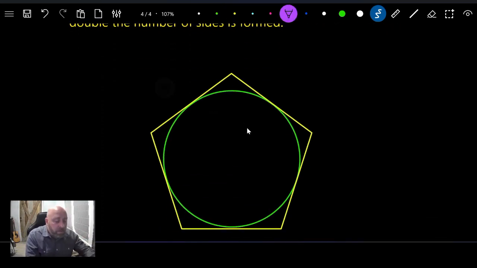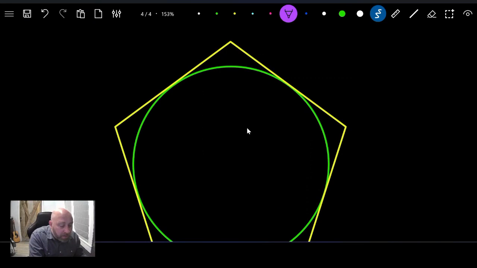Well, here's what it means. If we do the same thing here, if we take a point and we draw a line of tangency out here, we are creating another shape out here. And now look at this shape this time.